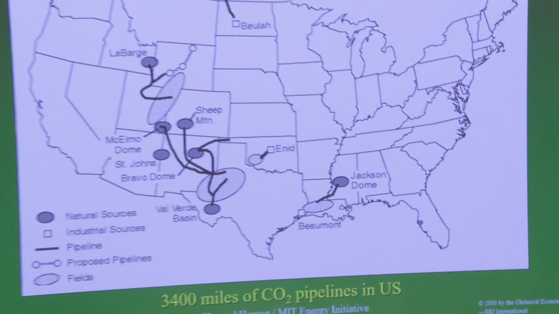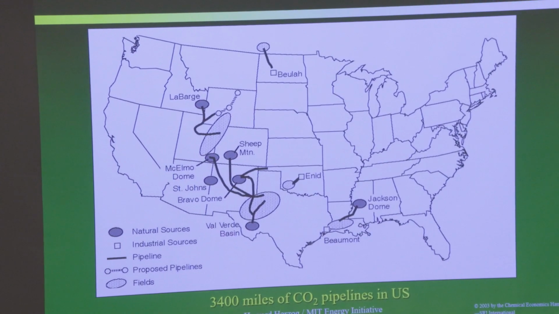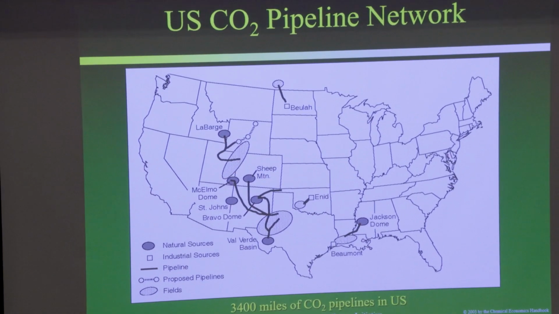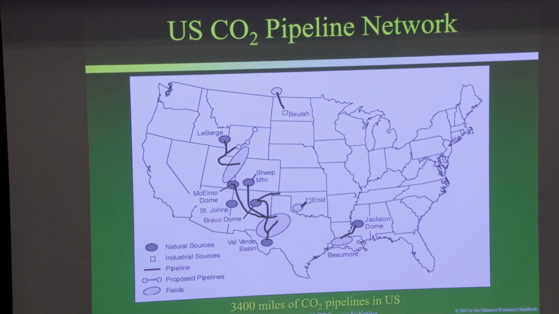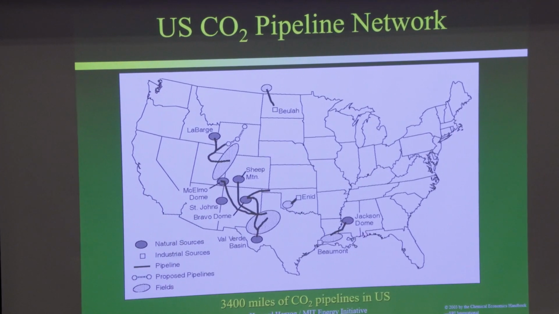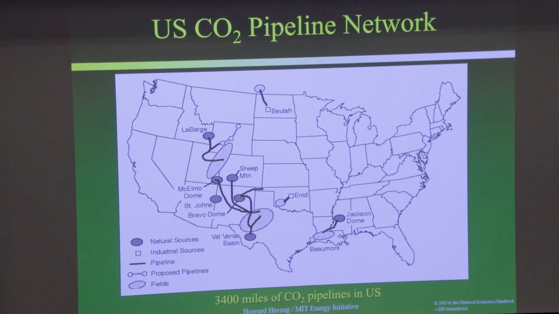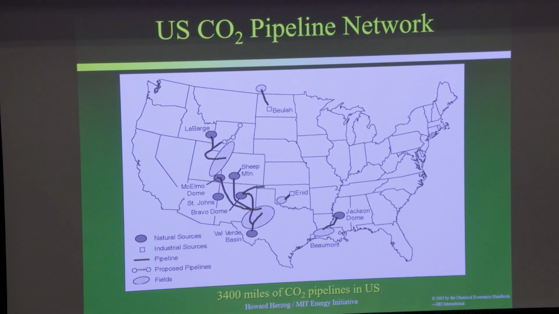So I was talking, you can also do this by ship, and there's a project in the North Sea called the Northern Lights Project, where they're actually looking at ship transport of CO2. They're going to gather it from around the North Sea, bring it to a site on the shore of Norway, offload it, and put it in a pipeline there and bring it offshore for injection.